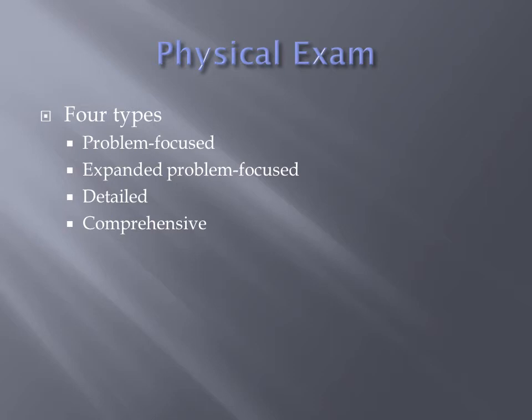An expanded problem-focused exam has a limited exam of the affected body areas or organ systems and other related systems. A detailed exam includes an extended exam of the affected body areas or organ system and other related systems.